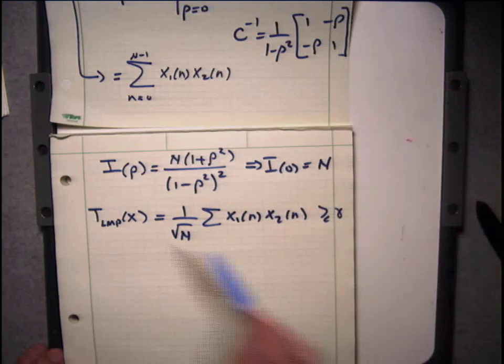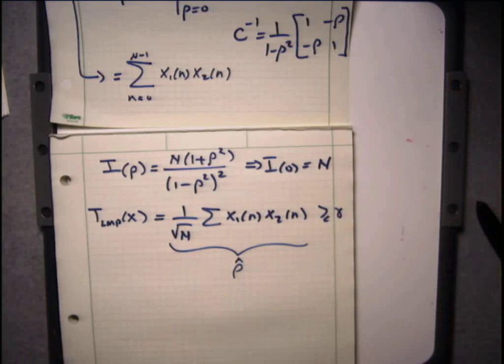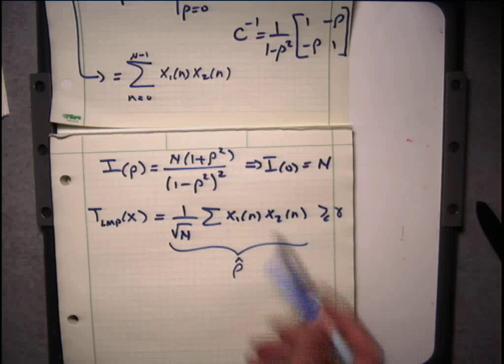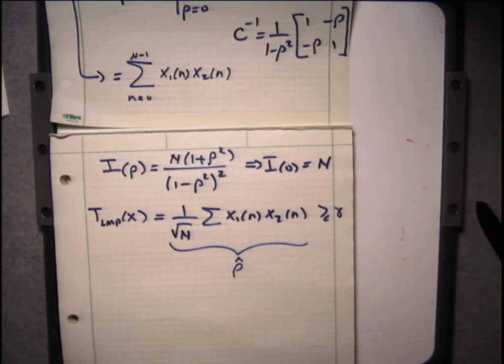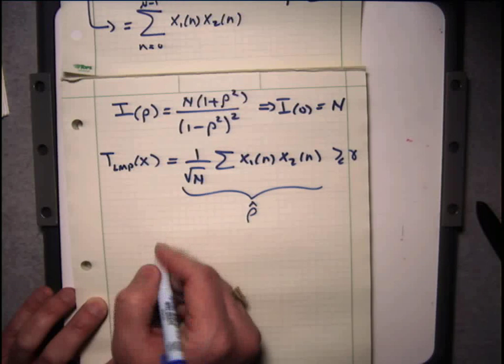So this here, in fact, is an estimate of the correlation. Okay? In fact, if you computed a maximum likelihood estimate of the correlation from this model, this is exactly what you would get. So what this is telling you is you're going to compute the correlation function, and you're going to compare it to a threshold. Or another way to look at it is this is basically n.